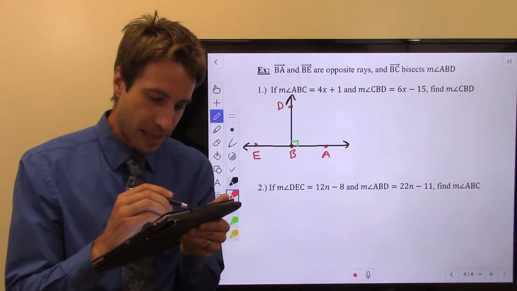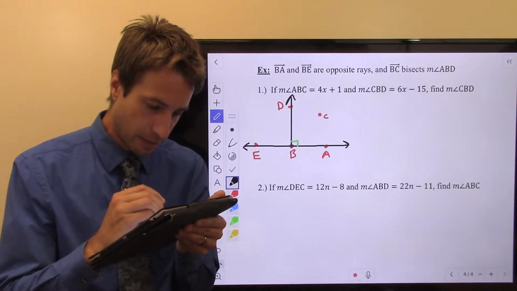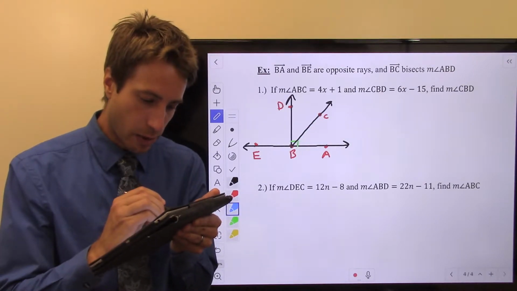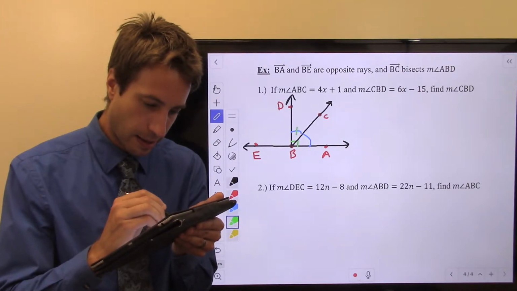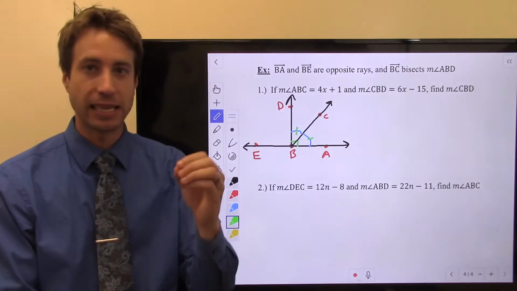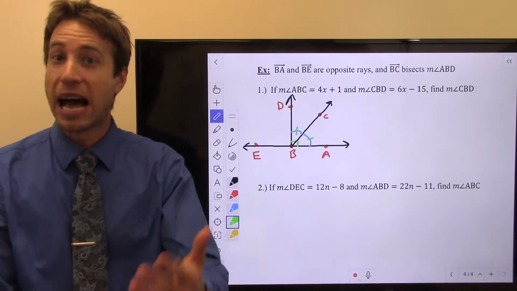Okay, well what that means is I need point C, let's say right about there, looks like a bisector. Run that guy out through there, and here's what I know. This angle and this angle are congruent angles. Ray BC is an angle bisector. Splits it right down the middle. How does that work?